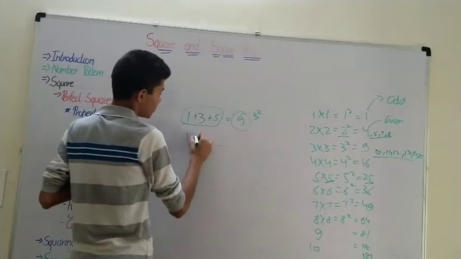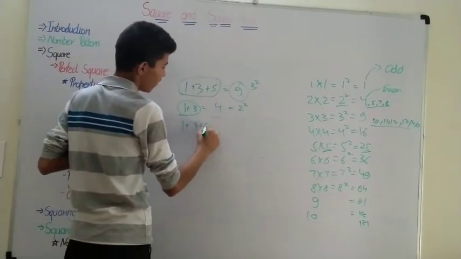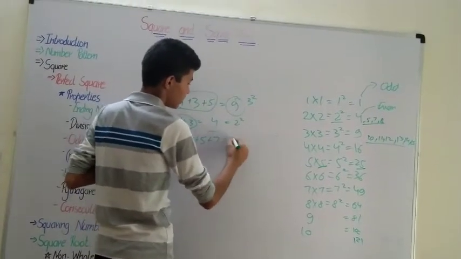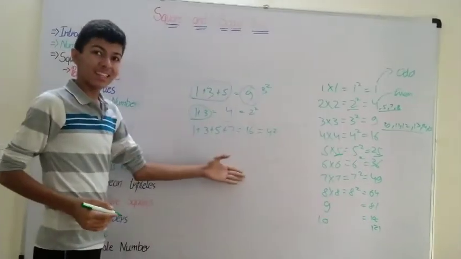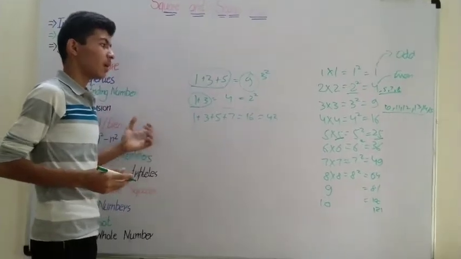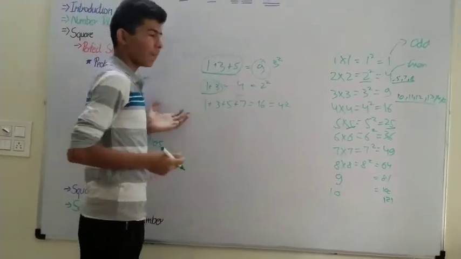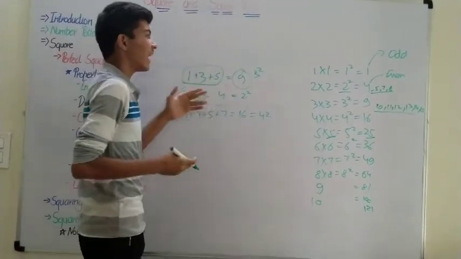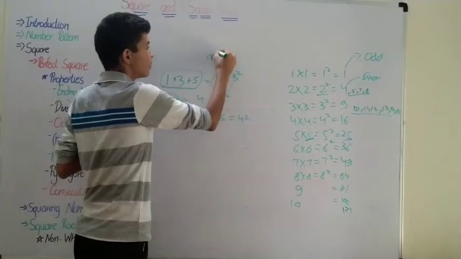That is 1 plus 3, that is 4. We are adding two numbers and it is the square of 2. Let's see 1 plus 3 plus 5 plus 7, that is 16, and 16 is the 4th square. So this is not a coincidence. If we take the first n odd numbers, the answer we get is nothing but the nth square.